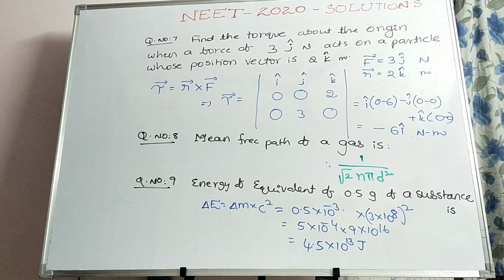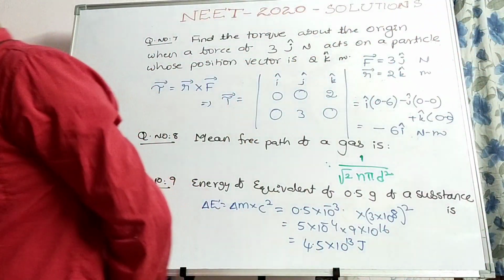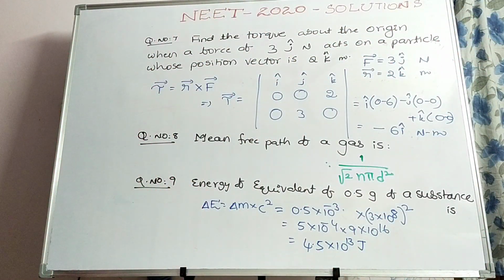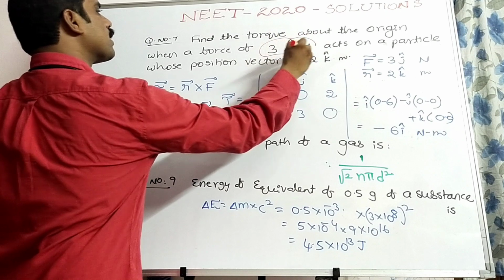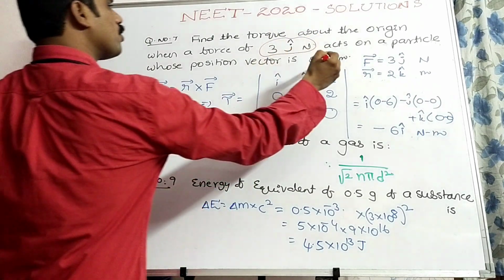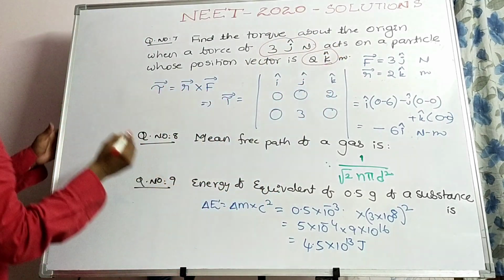Now question number 7. Find the torque about the origin when a force of 3J cap Newton acts on a particle whose position vector is 2k cap. Let us consider the force given is 3J cap, position is given as 2k cap.